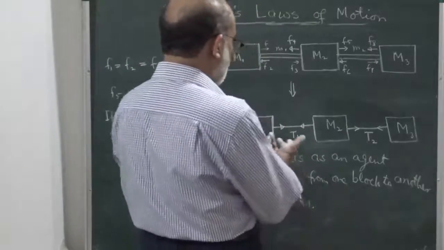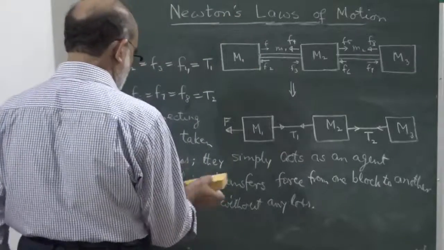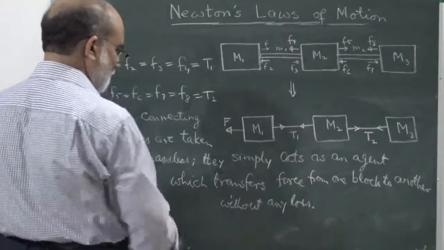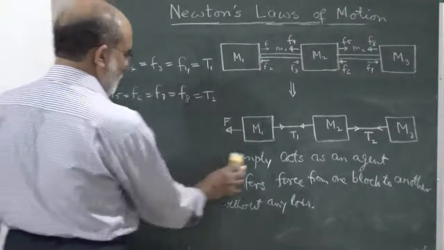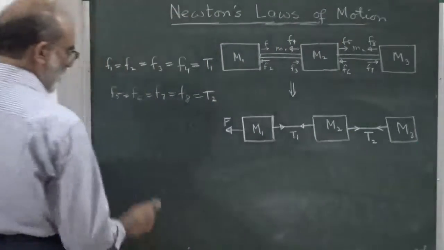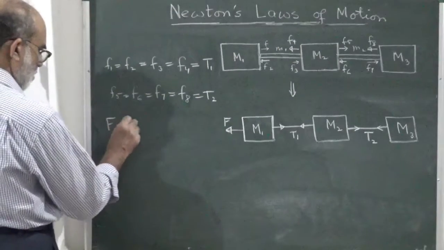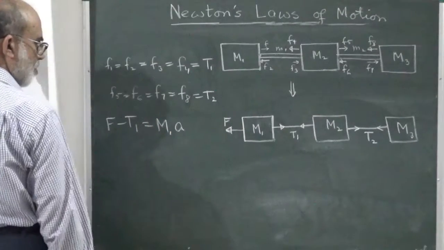So we have only three particles, and only three equations of motion will remain. I'm writing this one. The equation of motion will be F minus T1 is equal to M1A.